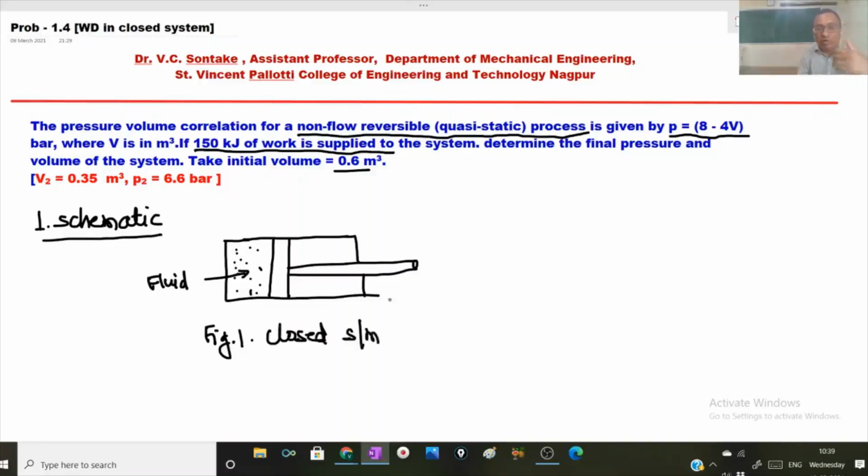Now why could I identify it is a closed system? Because the type of process which is taking place inside the system is a non-flow process, and the non-flow process takes place in a closed system. Similarly, I can represent the process on a PV chart, where P is in bar and volume is in meter cube.